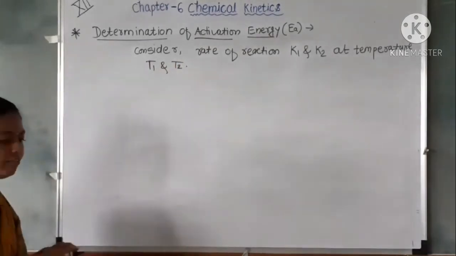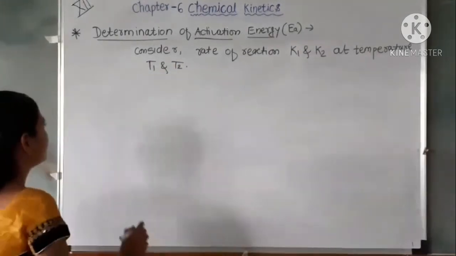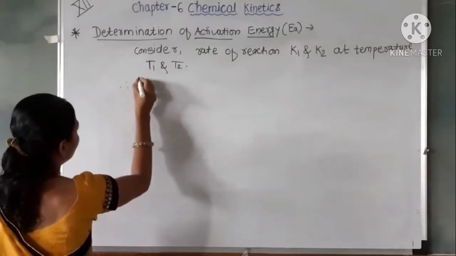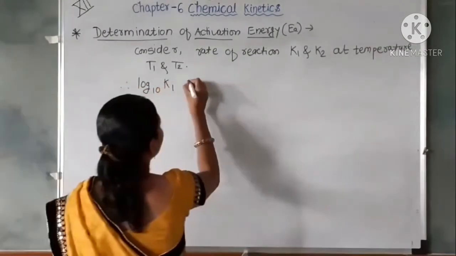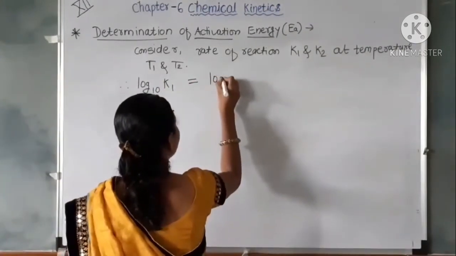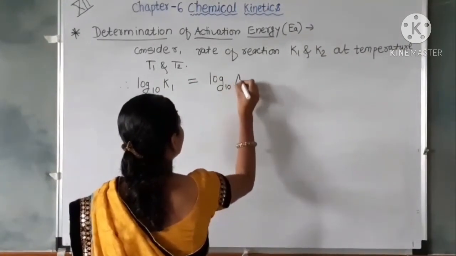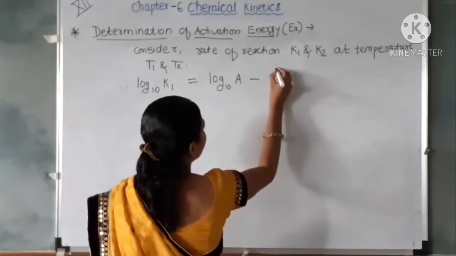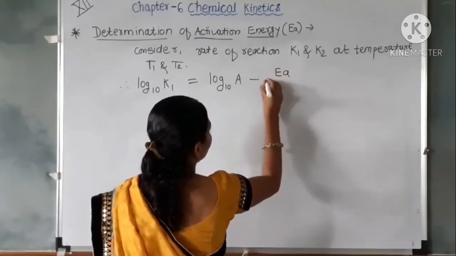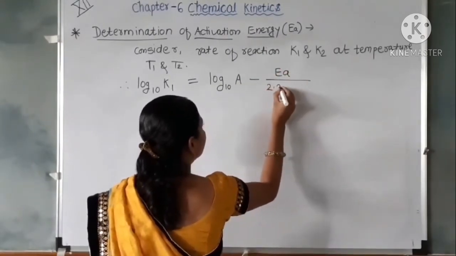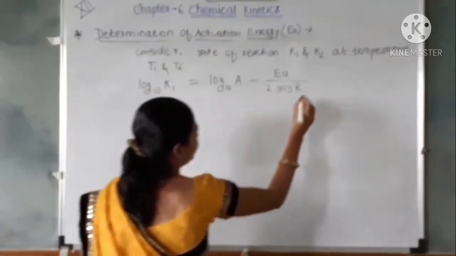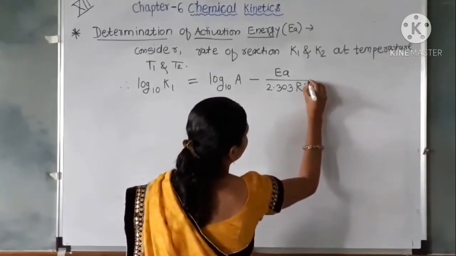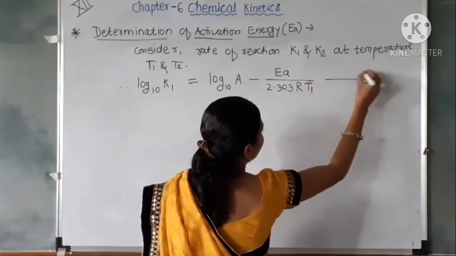I write the equation in the form of log to the base 10 k1 is equal to log to the base 10 A minus Ea upon 2.303 R T1. This is equation number 1.